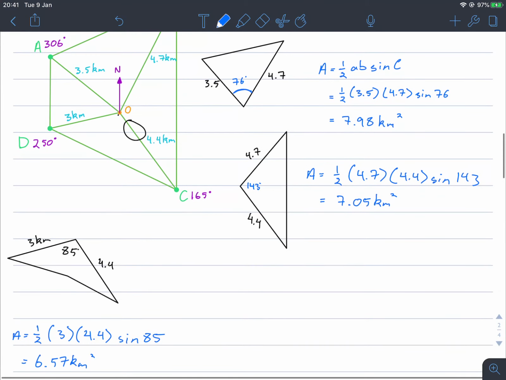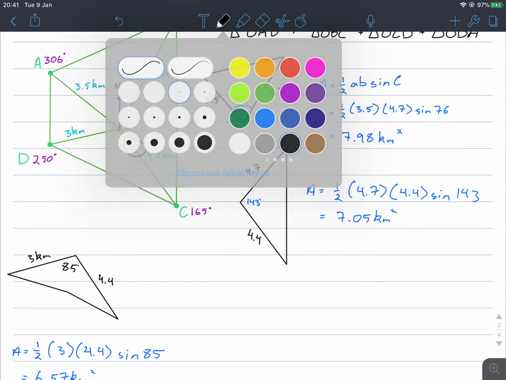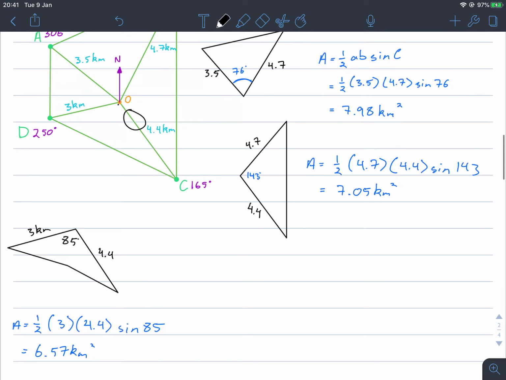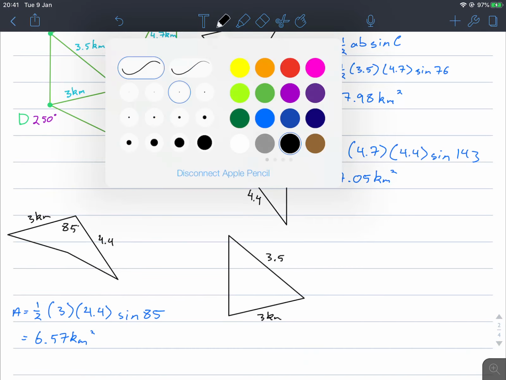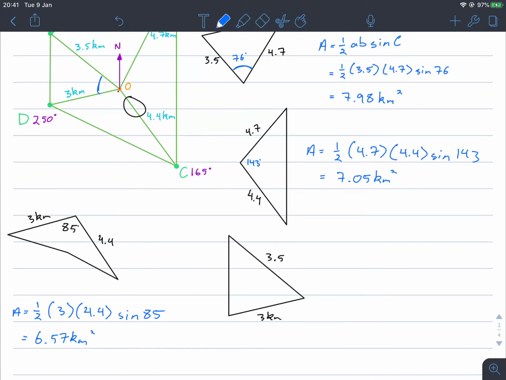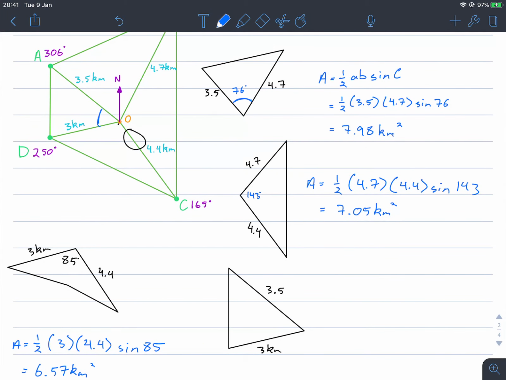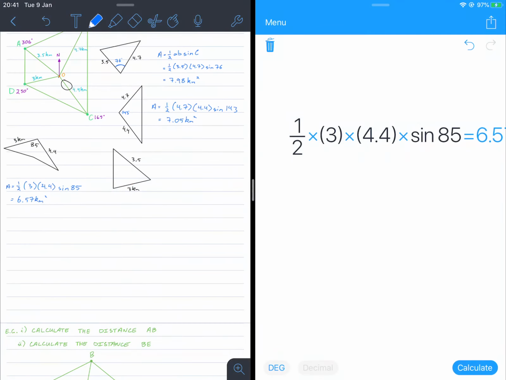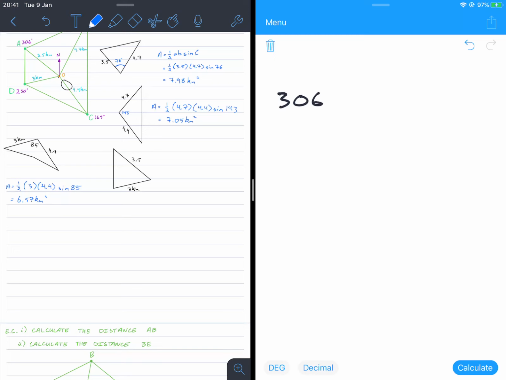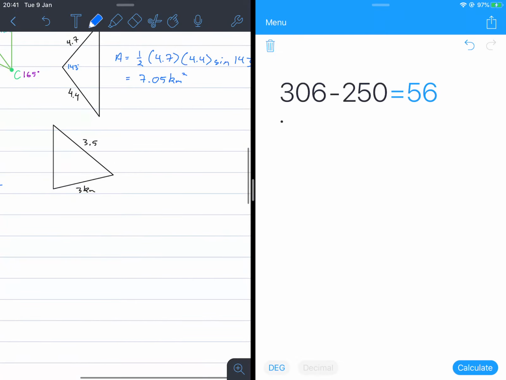One last triangle, triangle ODA. I'm going to draw this out as well. ODA, like so. Fortunately, I can use my iPad. 3.5, 3 kilometers. Once again, we can find this angle by taking the end point 306, subtracting 250. 306 minus 250 is 56 degrees.